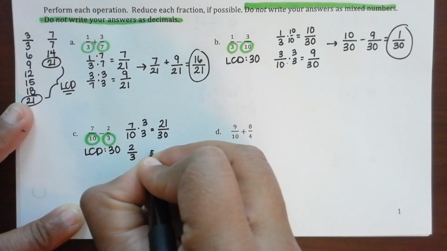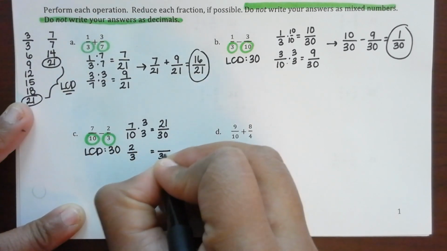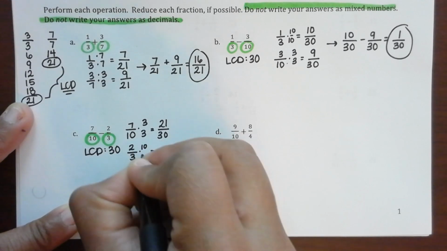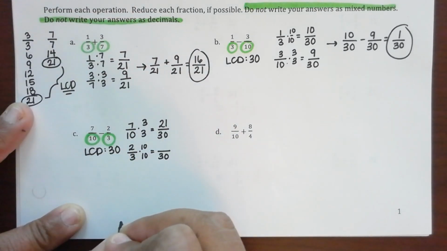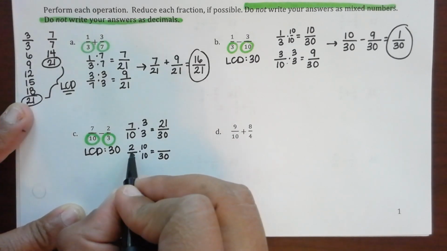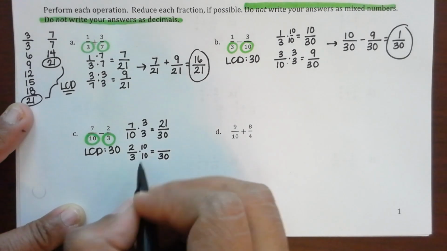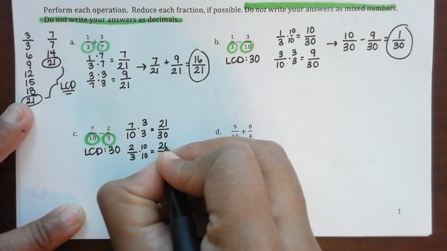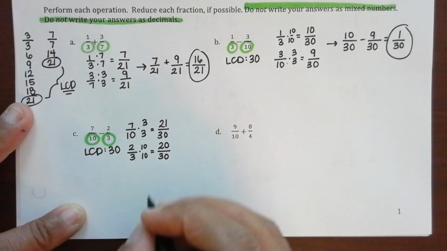What about the bottom? You tell me. Y'all agree? Because it multiplies to 3 to get 30. So, what should be my new numerator? Because what's 10 times 2? So how would I rewrite this?